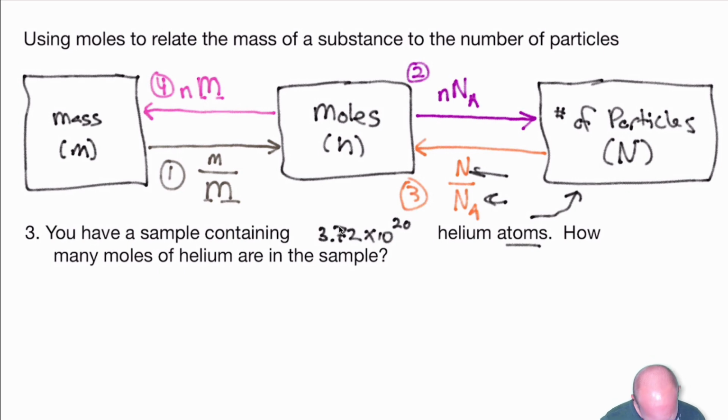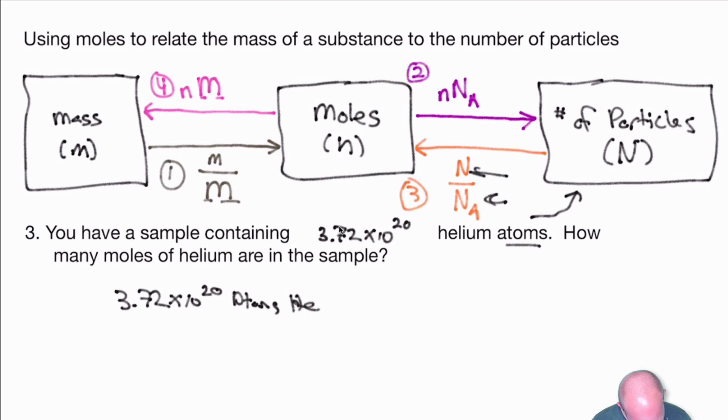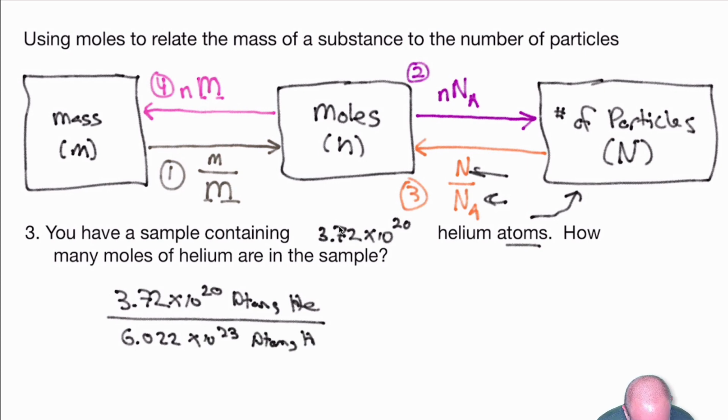So if we do this calculation, we're going to say 3.72 times 10 to the 20 atoms of helium, and we're going to divide by Avogadro's number. So it's going to be 6.022 times 10 to the 23rd atoms helium per mole of helium.